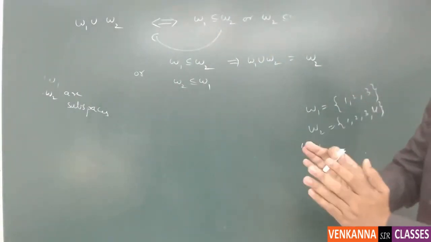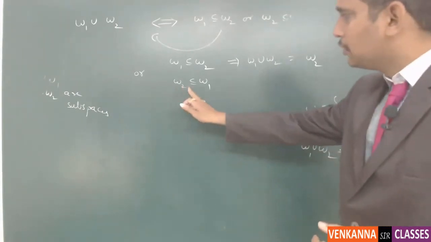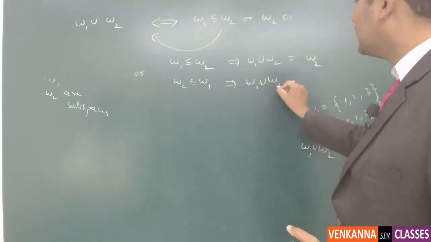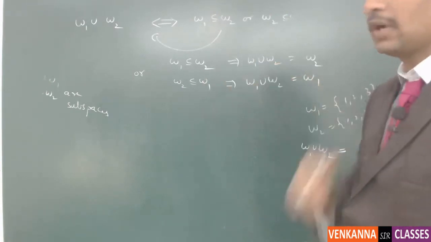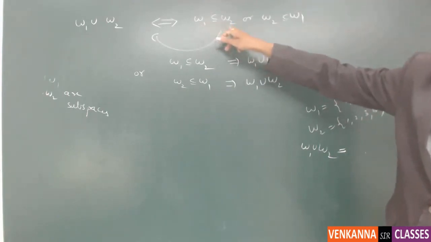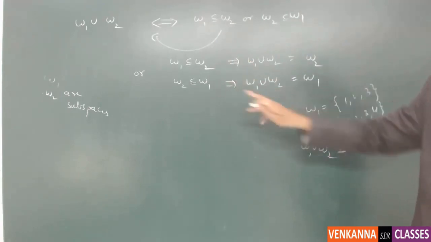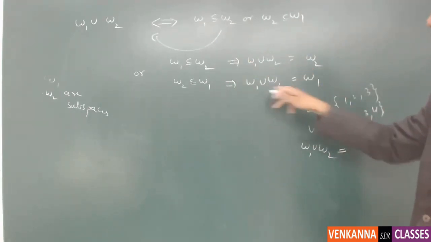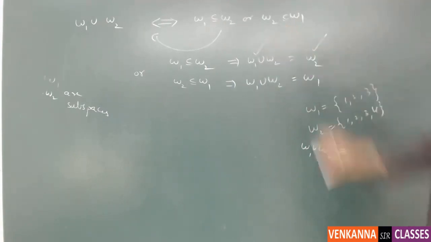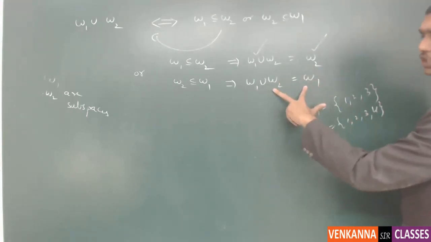So if the subspaces you have taken are such that W2 is a subset of W1, then in this case the union is nothing but W1 because this is the bigger one. So from our assumption, either this is a subset of this or this is a subset of this. Whatever case you choose, these two are equal. Since this is a subspace, the union automatically becomes a subspace because these two are equal.